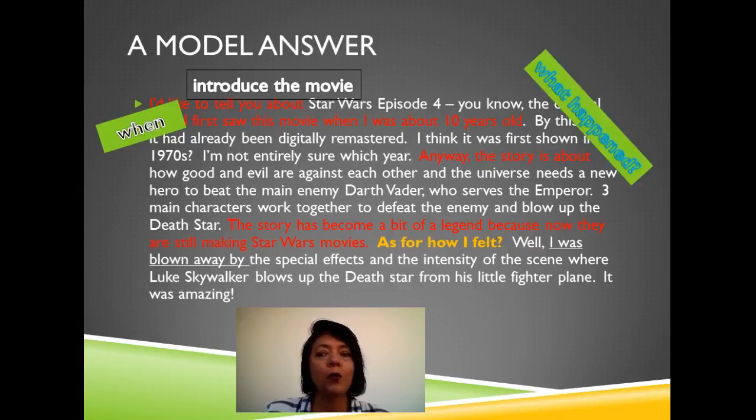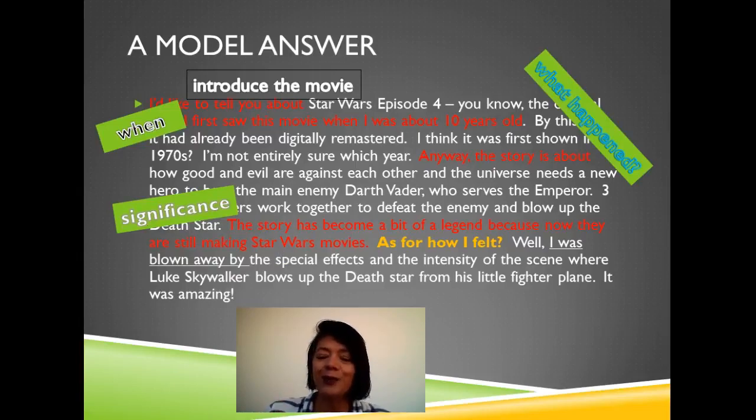Next, what happened in the story? So this student says, anyway, the story is about, and goes to tell the story with present simple here. The next one was, is it still important today? Is it still significant? And this answer says this story has become a legend because they are still making these movies.